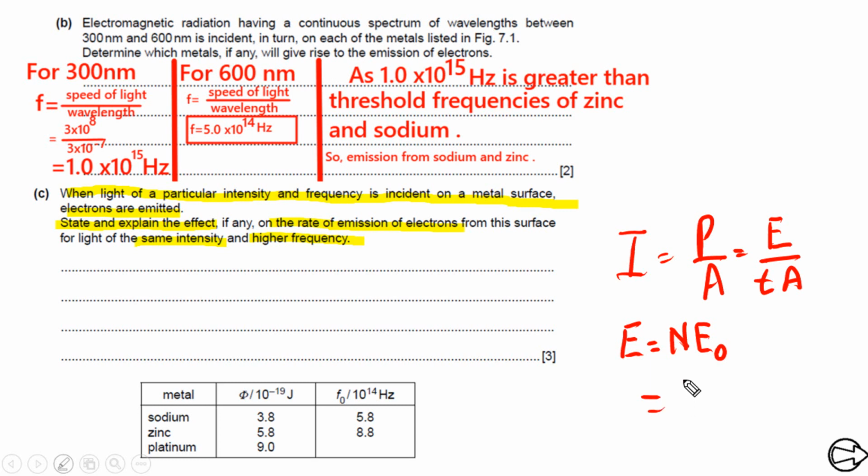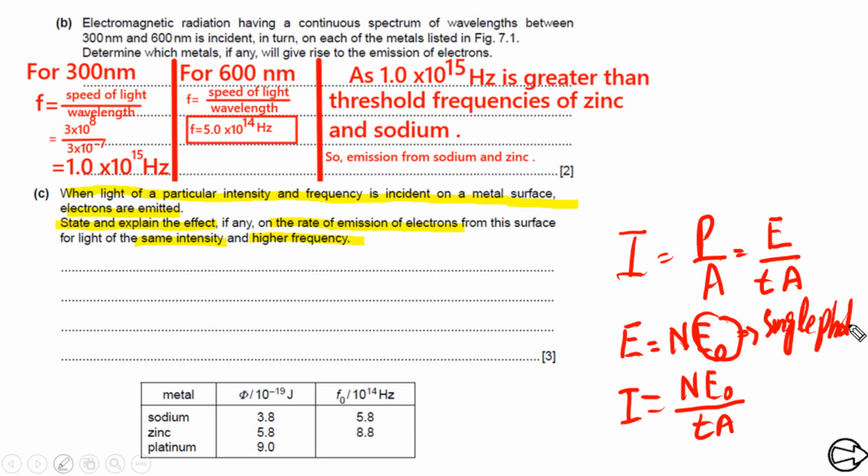So we can rewrite this formula as N times E0 over T times A. Here this is the intensity, and E0 is the energy of a single photon.